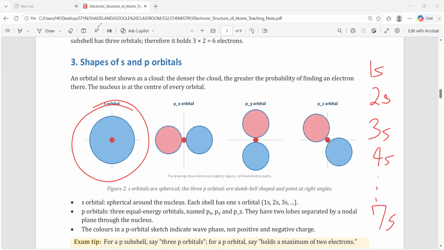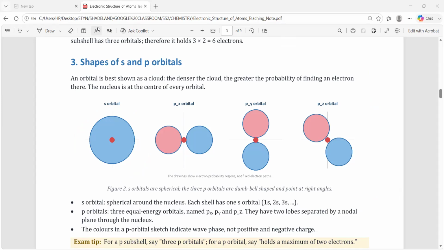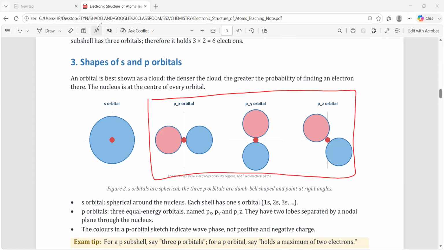And taking the p orbitals, they are 3. They have 3 equal energy orbitals named px, py, pz. Please remember, we said the p orbitals are 3. The p is a subshell. So this whole thing here is drawing a particular orientation of 1 p orbital.